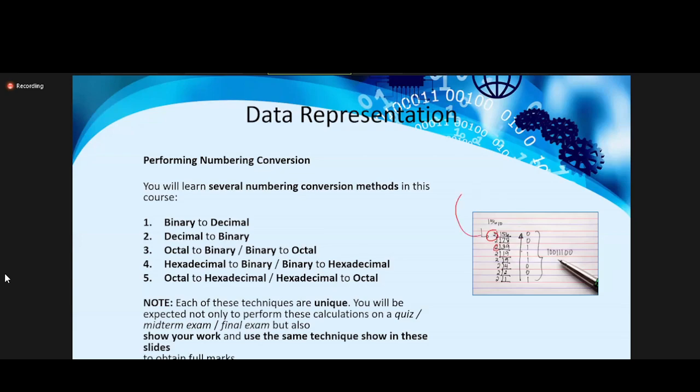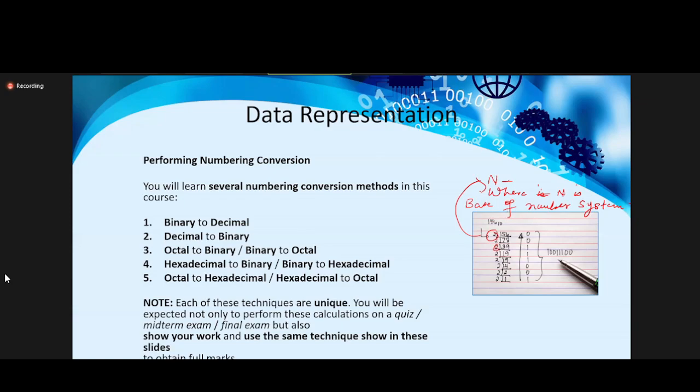So basically, you divide cumulatively by n, where n is the base of the number system, correct?